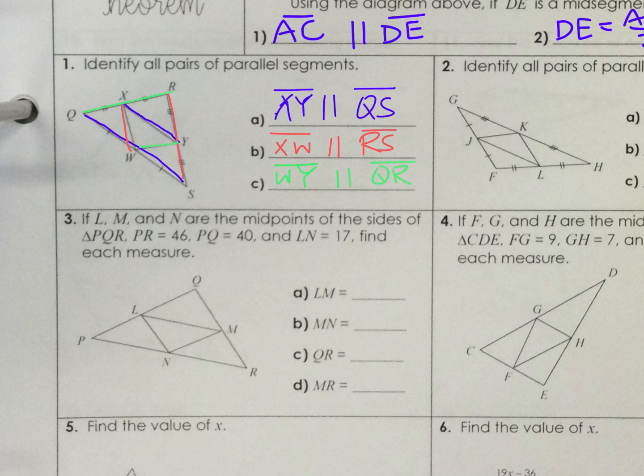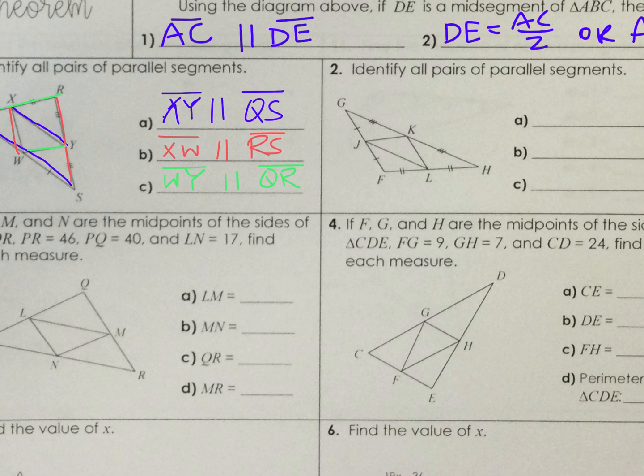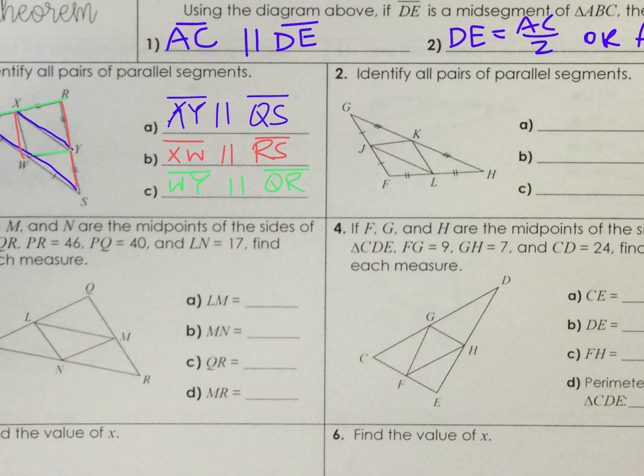All right. I would like you to do the same thing with number 2. Just pick out the line and then pick out which one's parallel to the other. Make your first one JK and FH. All right, after you do that, look down at number 3.